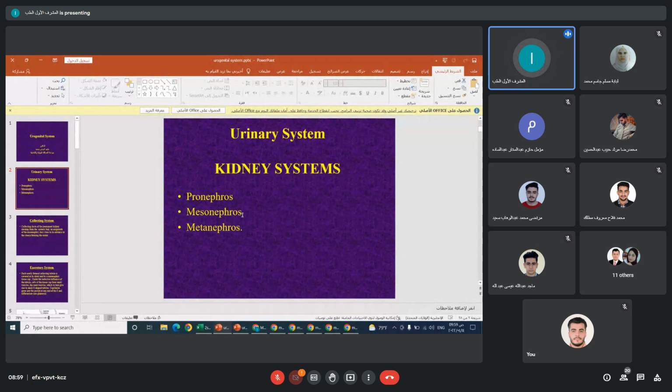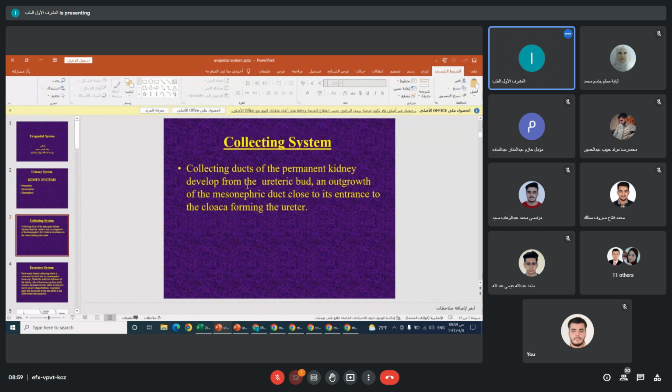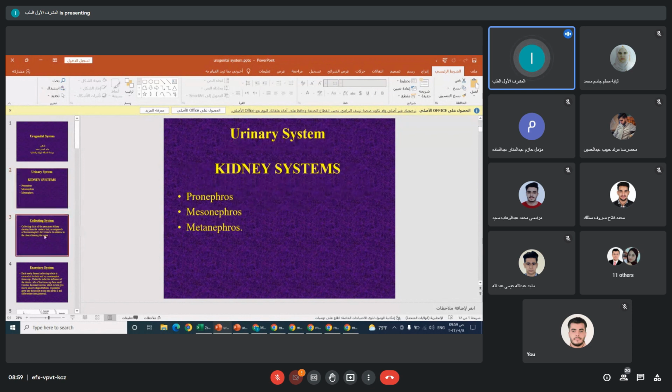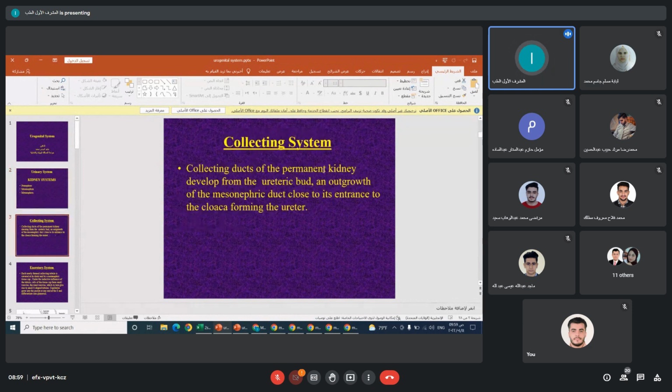Also, the mesonephric duct shares in the formation of the trigone, while the metanephros, as we said here, consists of the collecting duct, the permanent kidney, which will form the ureteric bud, and this ureteric bud gives rise to the ureter and then the pelvis, calyx, and collecting duct.